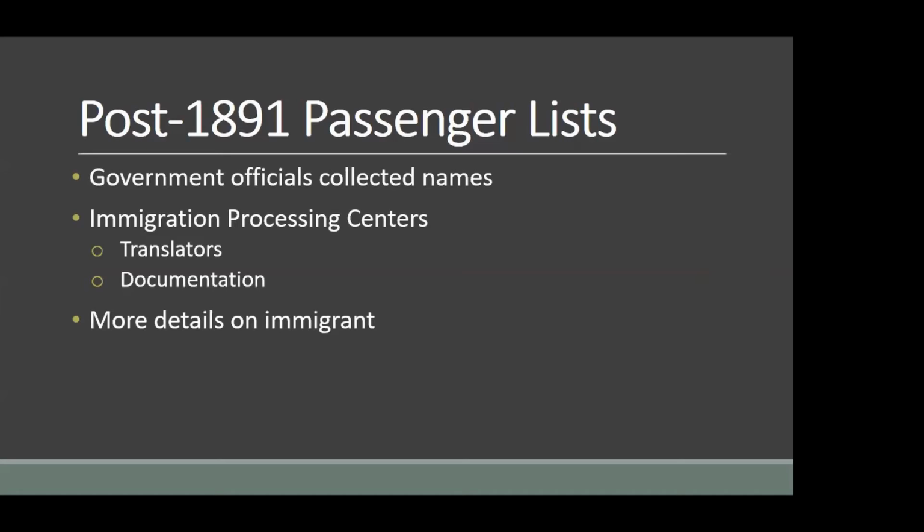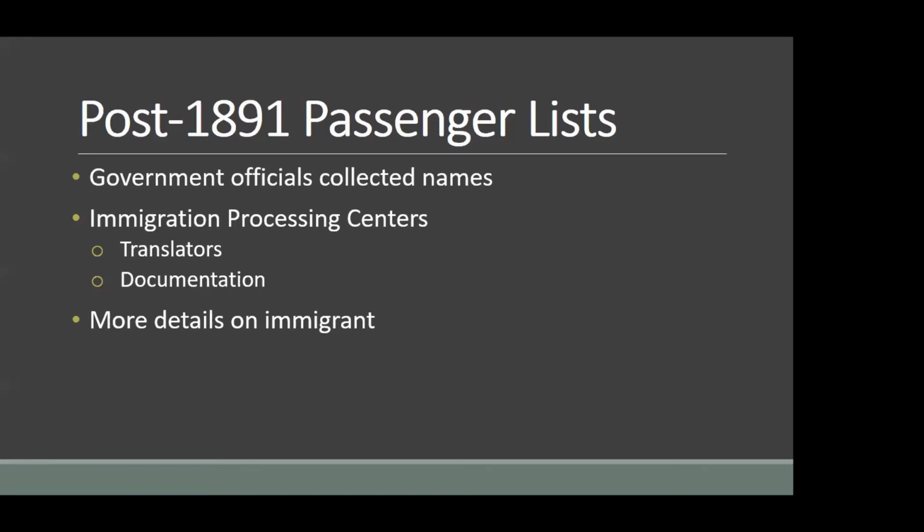There were a number of laws that excluded undesirables such as convicts, prostitutes, polygamists, those with illnesses, those who were crippled, or those who would require public assistance. These federal immigration officials were translators, and they required documentation from those coming into the United States because of these various laws.